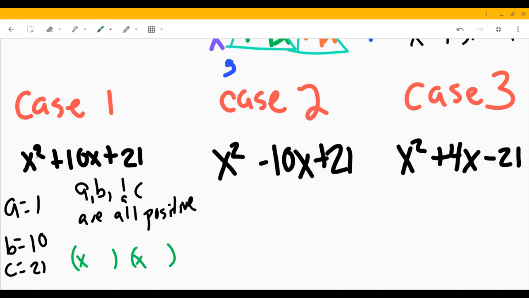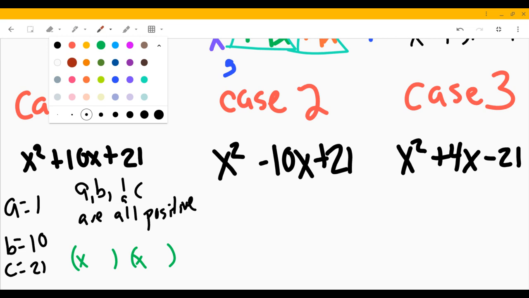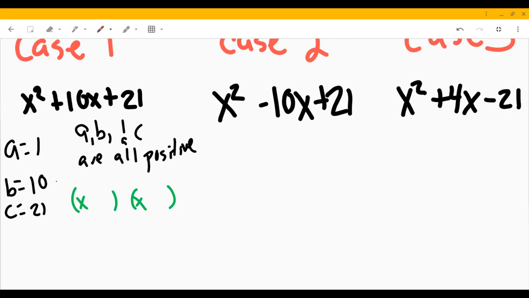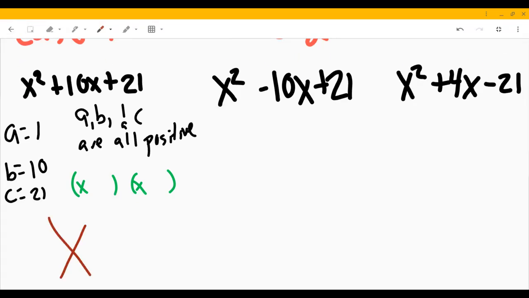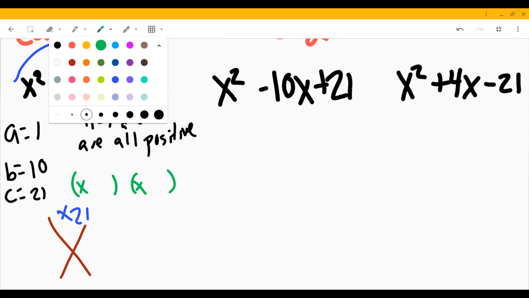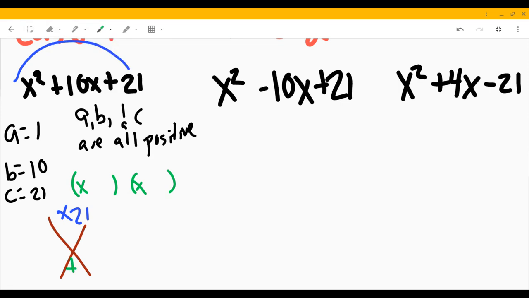So what two numbers multiply to 10? Actually, my apologies. Remember, AC method, so 1 times 21. So what two numbers multiply to 21 that add up to the value of 10?